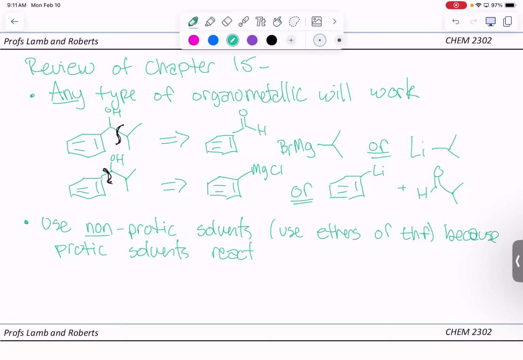And we don't want to make something in a solvent in which it just reacts, right? So I'm bringing this point up because at the end of the day, what we get out is a deprotonated alkoxide, not the protonated alcohol.